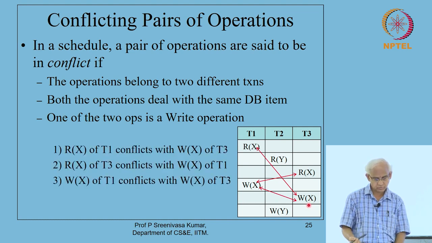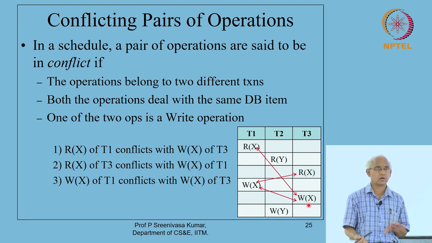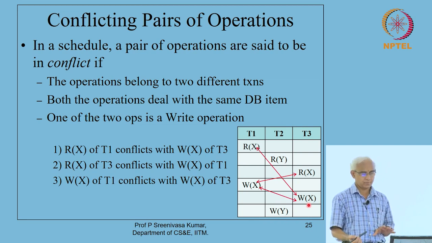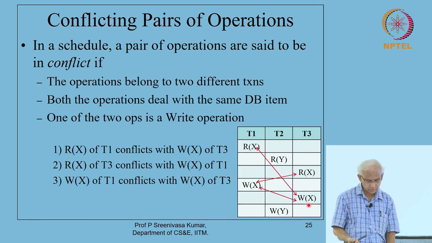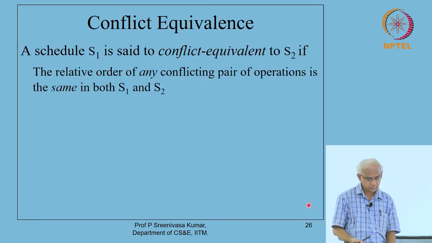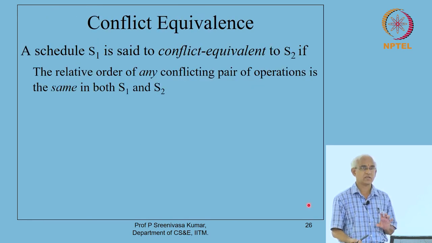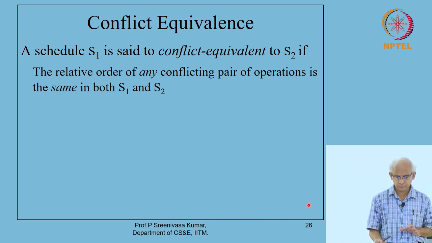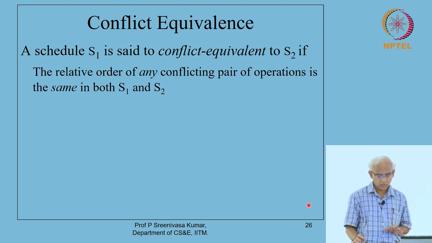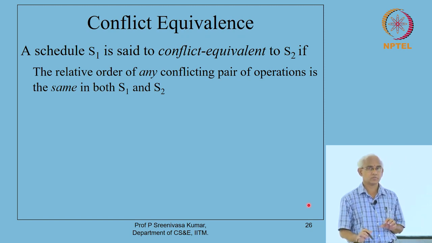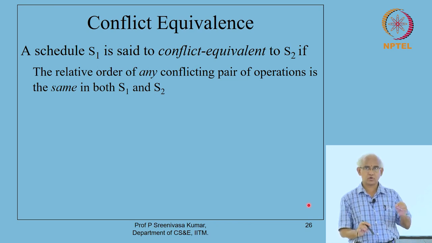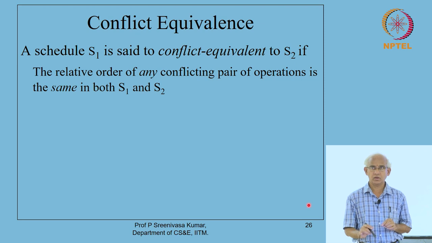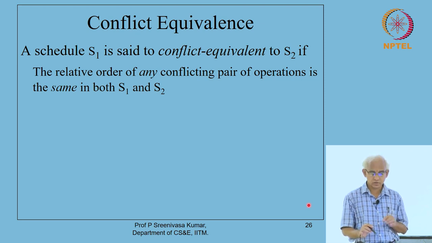Okay, so now that we have understood what conflicting pairs of operations are, we are in a position to define a notion of equivalence. This notion of equivalence is specifically called conflict equivalence because it focuses on a certain aspect. It is called conflict equivalence, not a general equivalence.